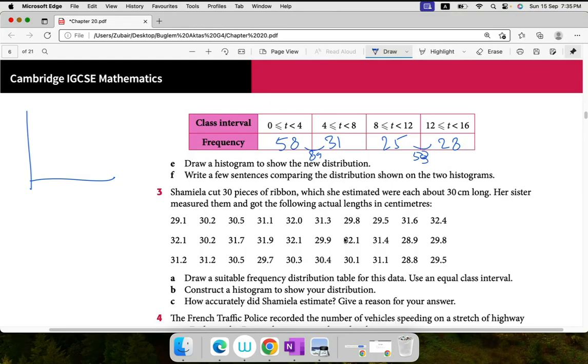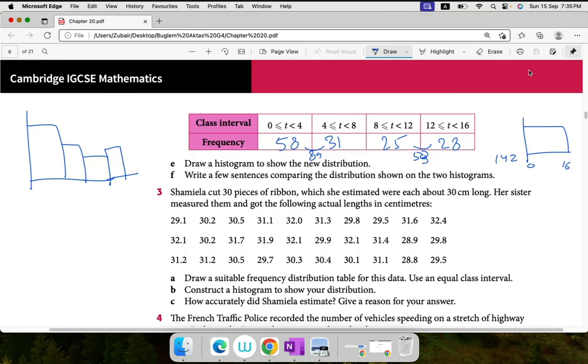And if we add them again, 89 plus 53, that is if he makes only one block of 142. So that would be 0 to 16 and a block of 142. Whereas if we have a distribution like these four, one is 58, the other is 31, then I have 25, then I have 28. You see the block on right and left? Yes, one has more diversity, one is more accurate. More accurate, yes. So when he's reducing the number of intervals or the interval is large enough, we are actually losing the actual data.